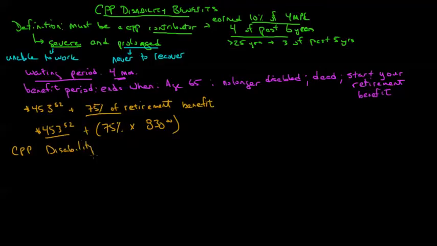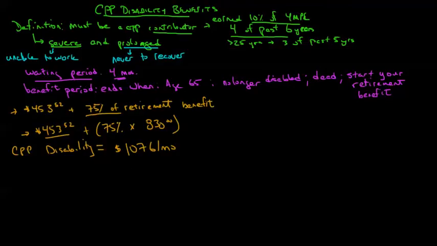And that flat amount changes every year. This $453 bumps up according to consumer price index each year, and this person then will have a CPP benefit also that will increase with the CPI. That benefit will be $1,076 a month, roughly.